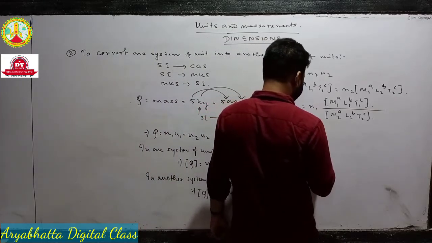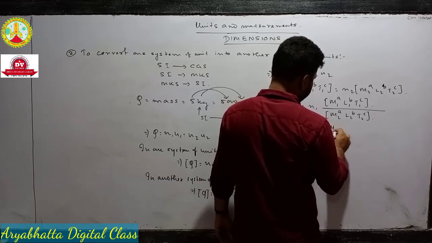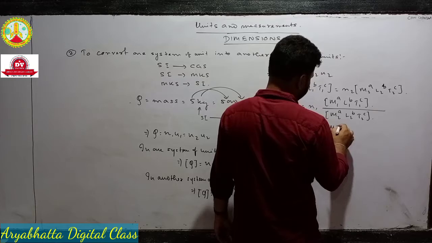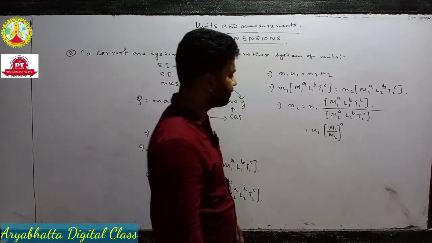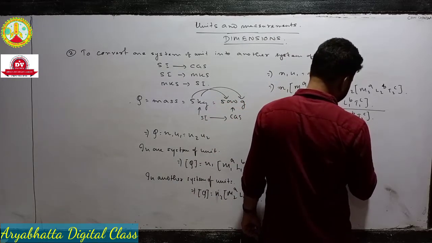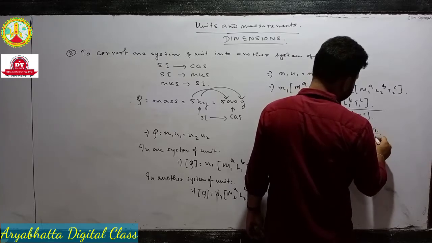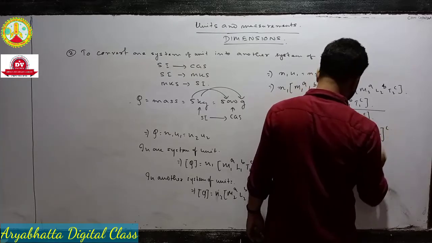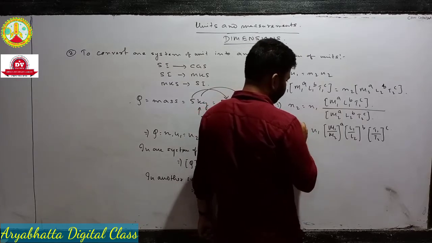So it can be written as N1 into M1 by M2 to the power A, because the power of both is the same. Then L1 by L2 to the power B and T1 by T2 to the power C.